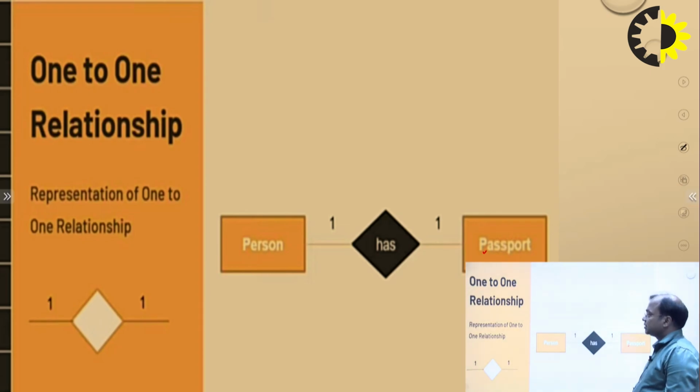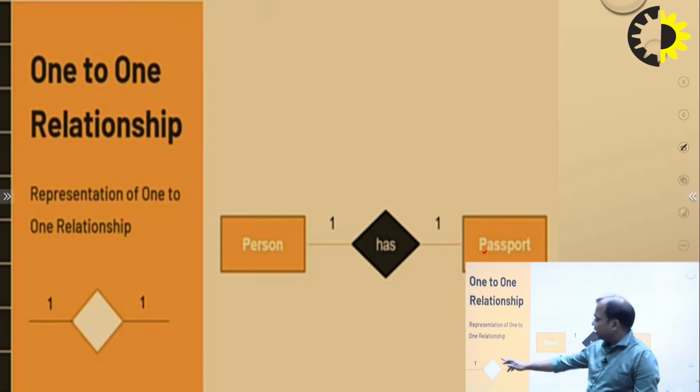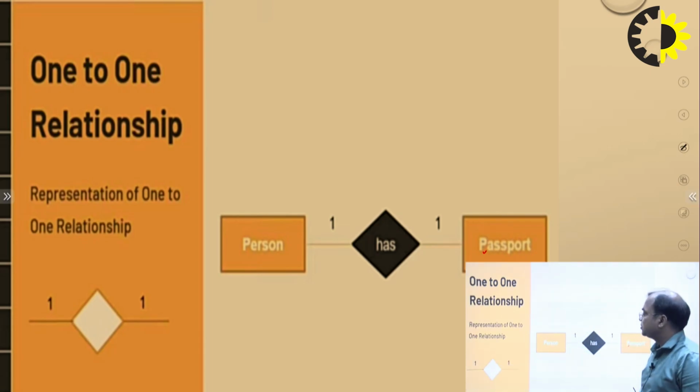Clear? It is shown in the diamond, how the person is related with the passport. Person has passport. Here we write the relation between these, and it is one to one. It must not be one to many, because each person has only one passport, not more than one.